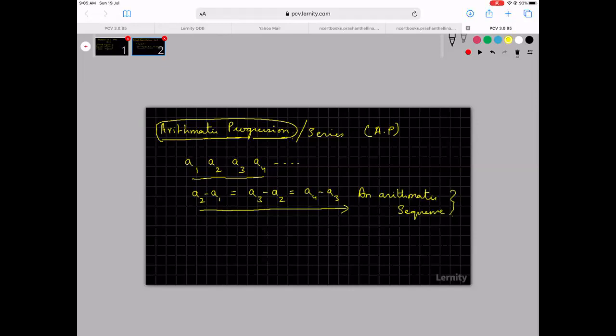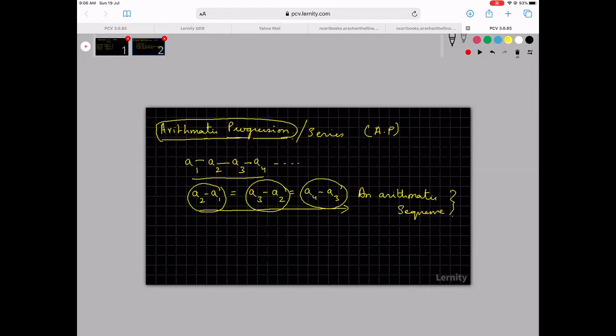Suppose you have a sequence A1, A2, A3, A4, such that A2 minus A1, A3 minus A2, A4 minus A3 are all the same constant. We say the sequence is an arithmetic sequence.